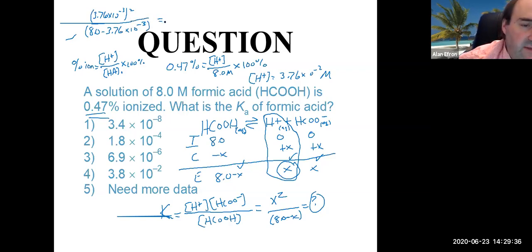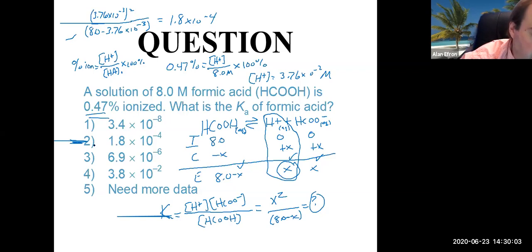And that should give us our Ka value. So if we do that, we're going to square it. We're going to divide by 8 minus our X value. And hopefully it will equal one of those nice numbers that we see on the page here, 1.8 times 10 to the minus 4. Which looks like it is number 2 here is the right answer.